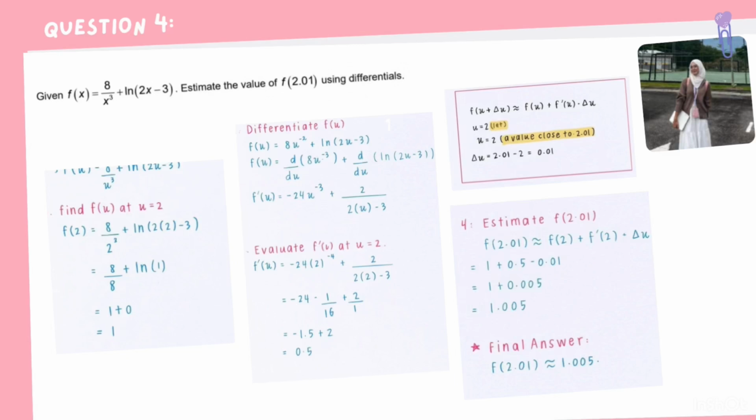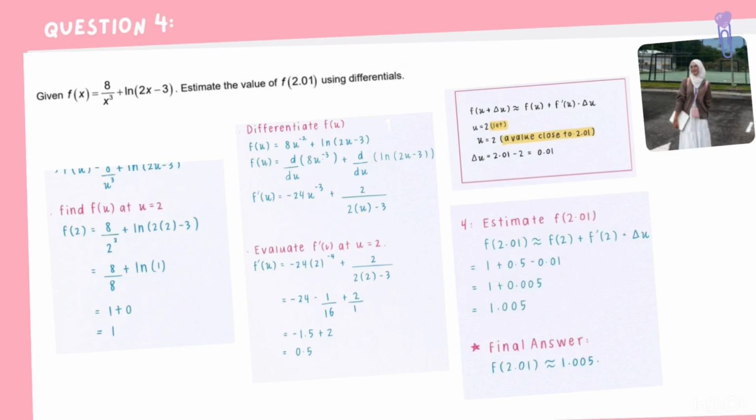The derivative of ln(2u minus 3) is d per du of ln(2u minus 3) equals 2 over 2u minus 3. So, f prime(u) equals minus 24 u to the power of minus 4 plus 2 over 2u minus 3.